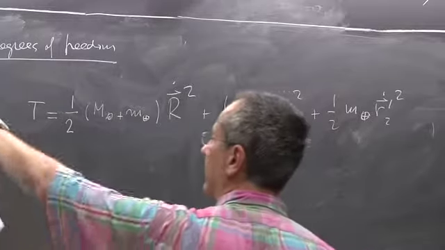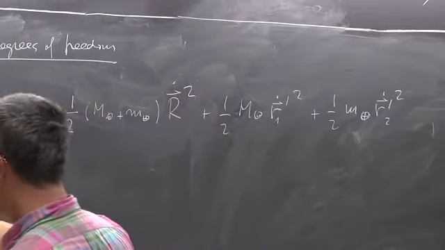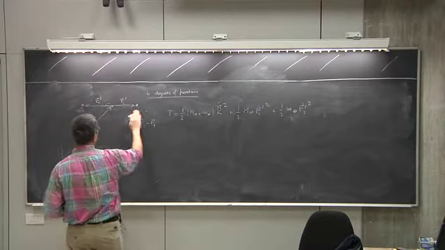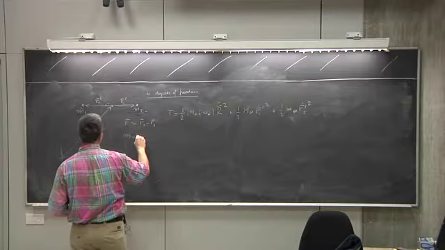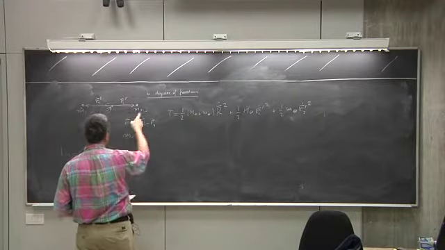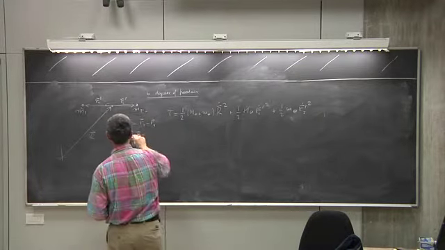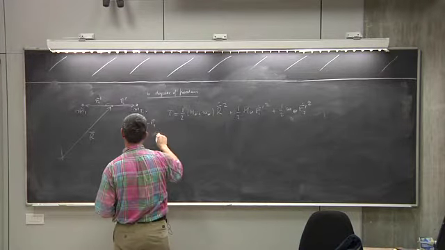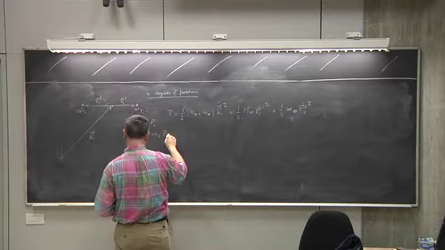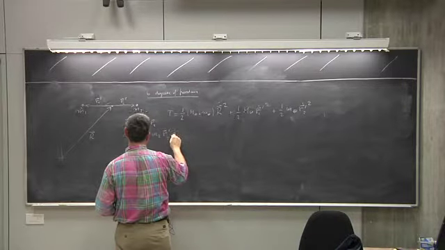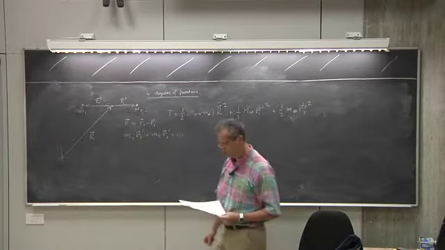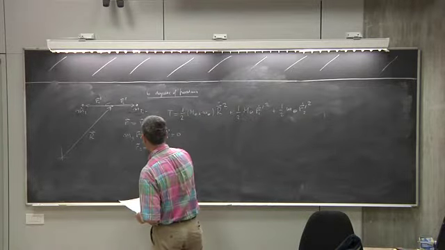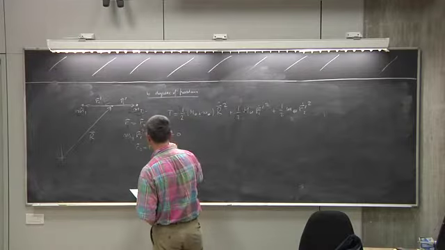Now, by definition of a center of mass, you know that if I take m, let me call this m1 because otherwise it's too long, so the Sun has mass m1, the Earth m2: m1 r1 prime plus m2 r2 prime is equal to 0, right? And at the same time, I have R2 minus R1 is equal to r.